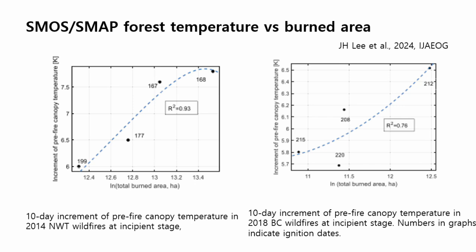As the temperature increases, the burned area was also higher, suggesting some radiative power in it. Fire energy stored in the location. If you look at the right hand side, it also shows pre-fire canopy temperature increase, which well matched with burned area.